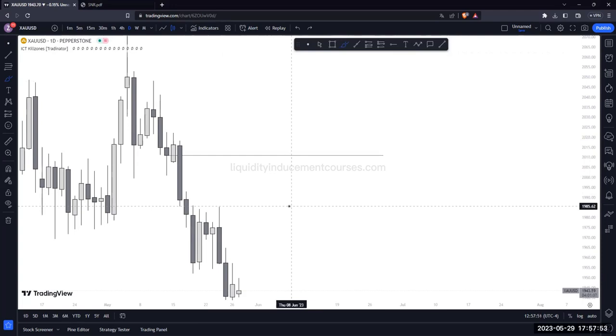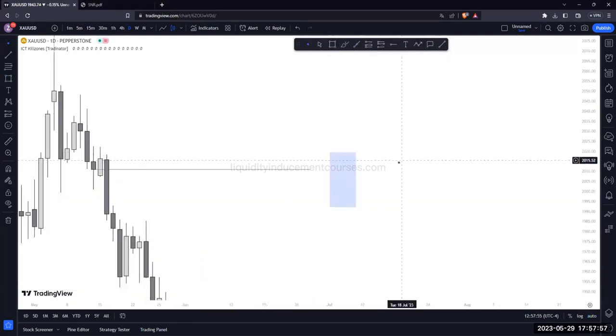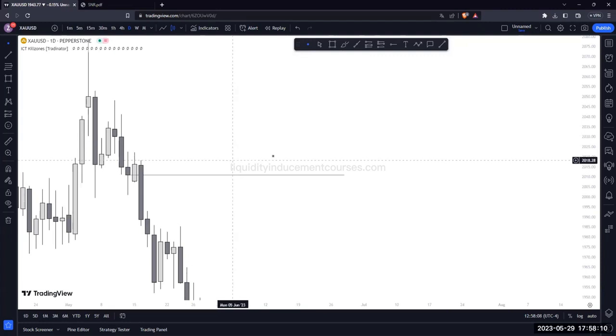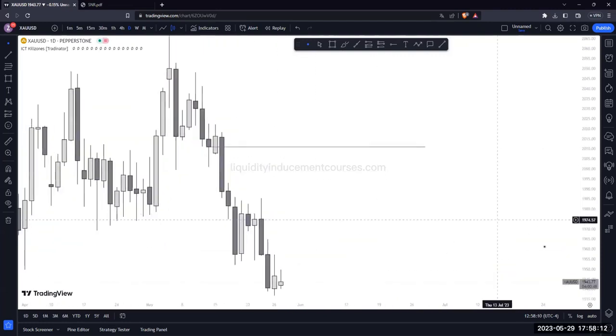You know what a wick is, right? A wick touching the level. Do you see any? No. All right, so it is fresh. That's simple.